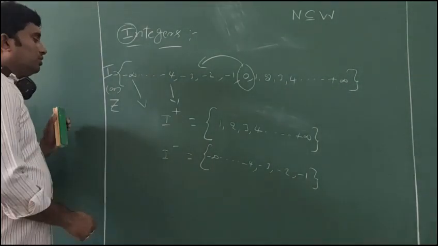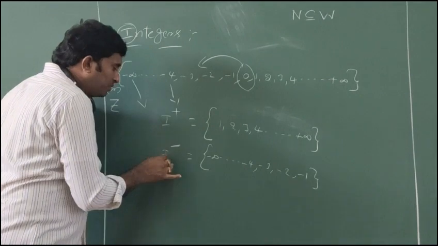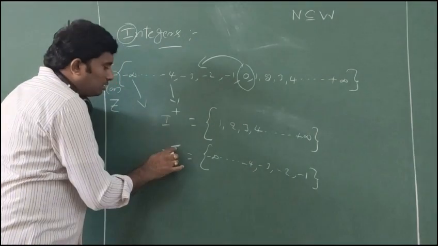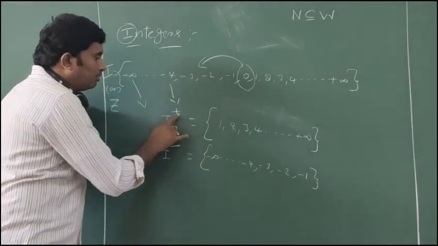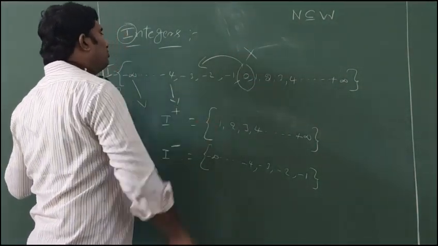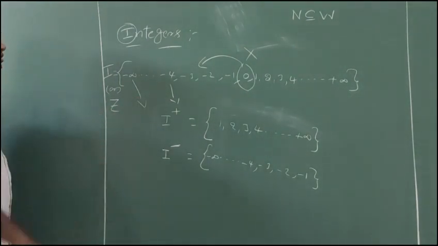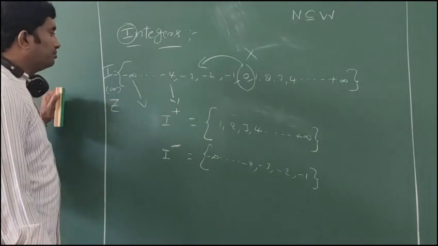These are the negative integers, and this set is denoted by I minus. Here minus indicates negative integers, and I plus indicates positive integers. In both sets we cannot include 0, because 0 is neutral, neither positive nor negative.